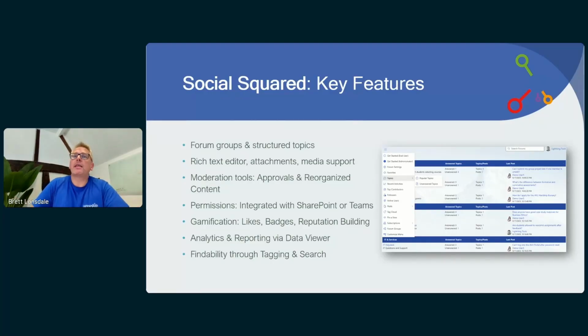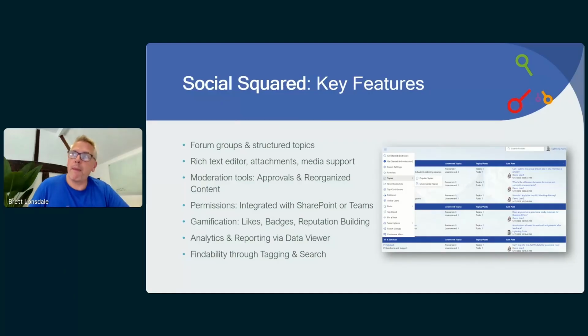Permissions wise, the background to Social Squared, the data source is SharePoint lists. So the lists are inheriting permissions from the site or the team that contains it, meaning that you are in control of who can actually view that content and who can engage in those conversations.